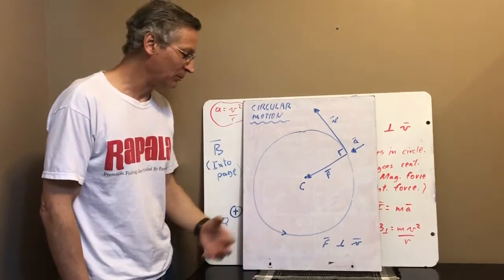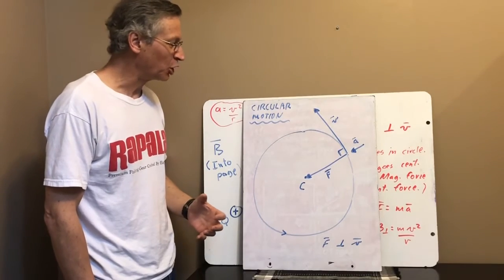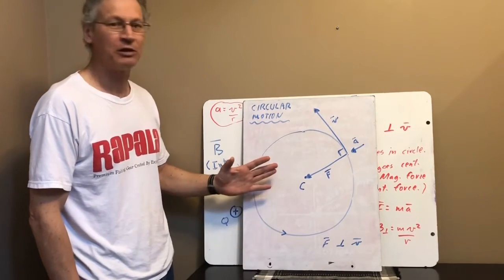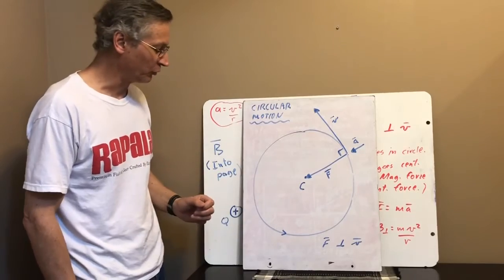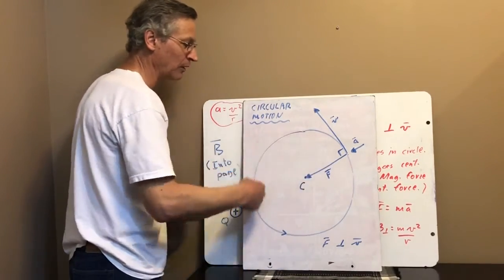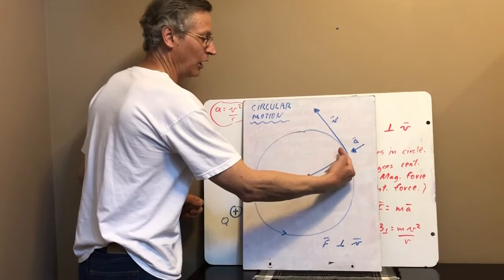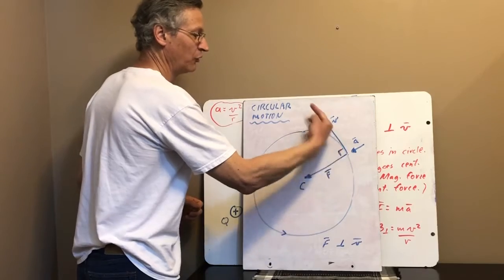But before we talk about the path that a charge follows inside a magnetic field, let's do a little review of circular motion. If something is moving around in a circle, the velocity is going to be tangent to the circle.